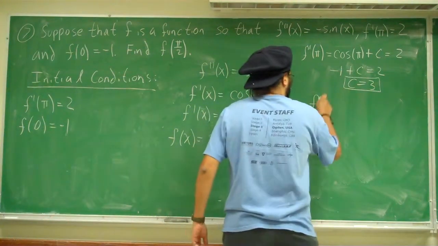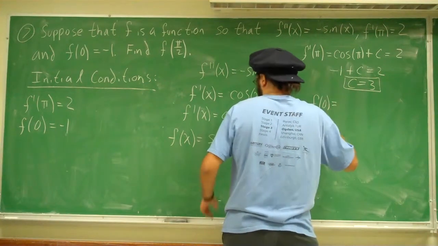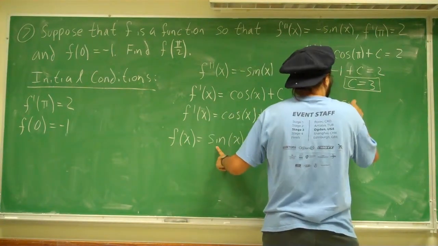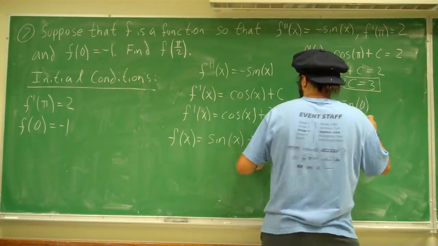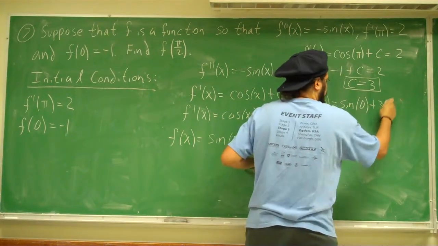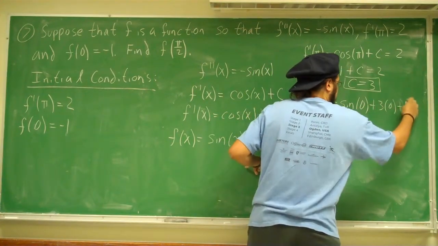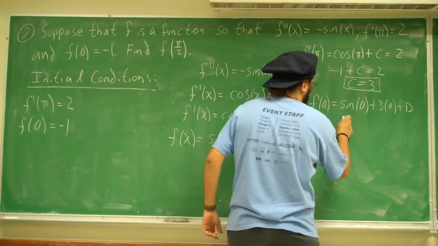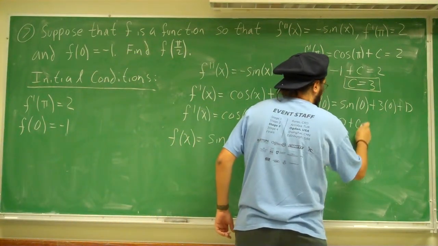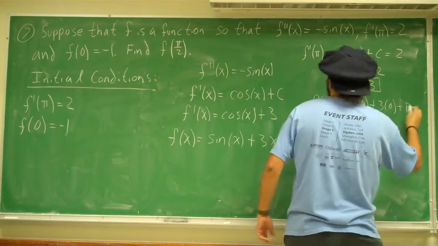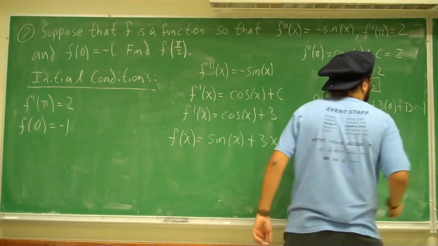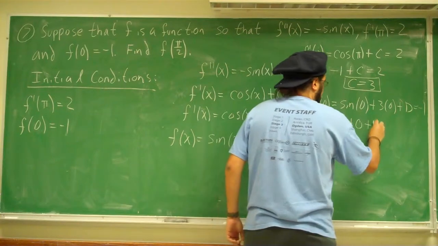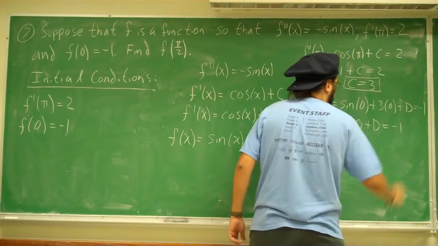So f of 0 is equal to sine of 0 plus 3 times 0 plus d. Okay, so sine of 0 is 0, and 3 times 0 is 0. Then plus d, and that's equal to negative 1.